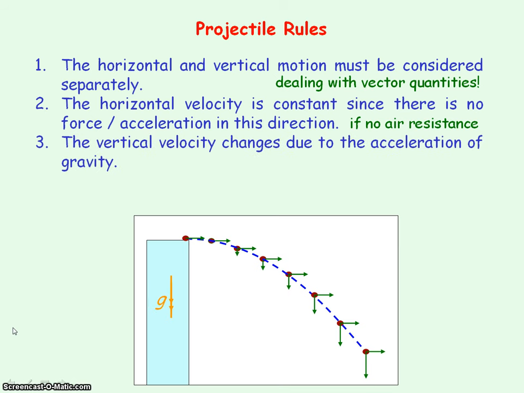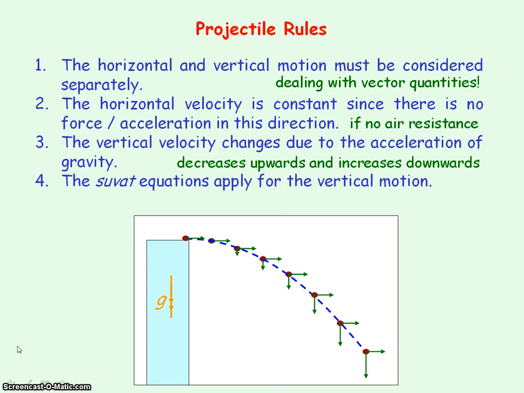The third rule is that the vertical velocity changes due to the acceleration due to gravity. So if the projectile is moving upwards, then the vertical velocity will decrease because the projectile will be decelerating upwards. But if the projectile is moving downwards, then the vertical velocity will increase because the projectile will be accelerating due to gravity.